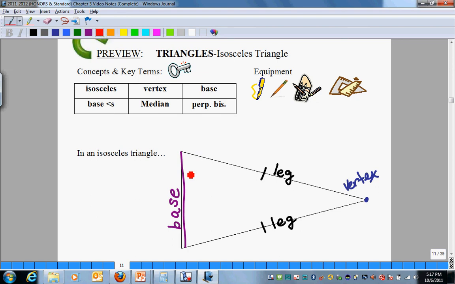The angles connected to the base, these are called base angles. In an isosceles triangle, the base angles are always going to be congruent.